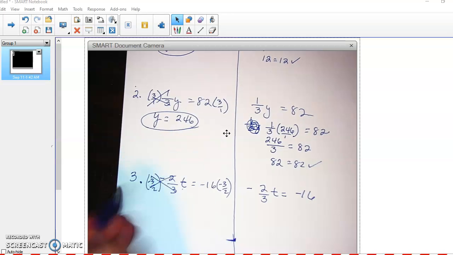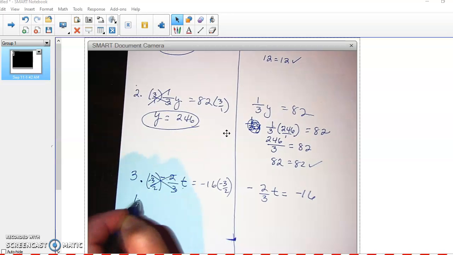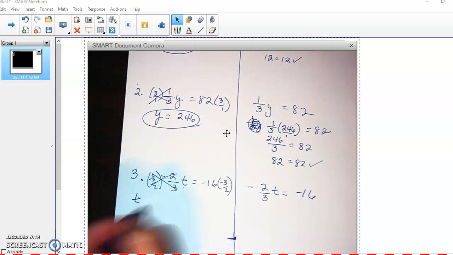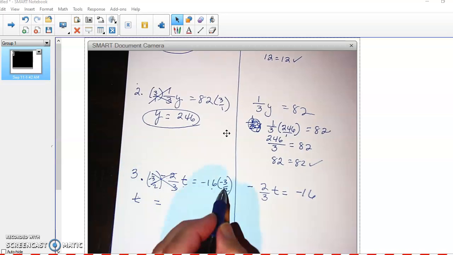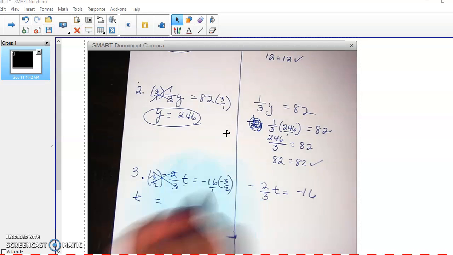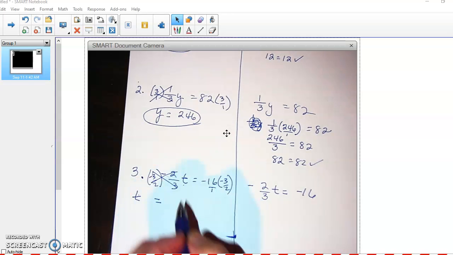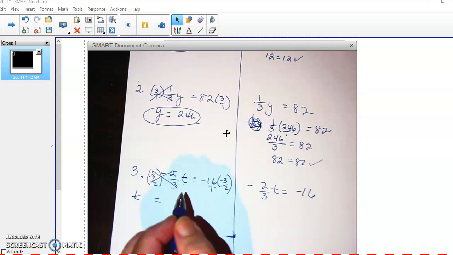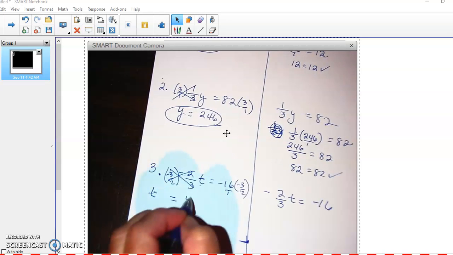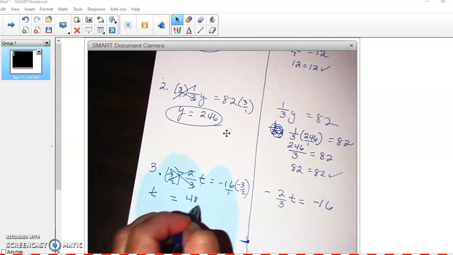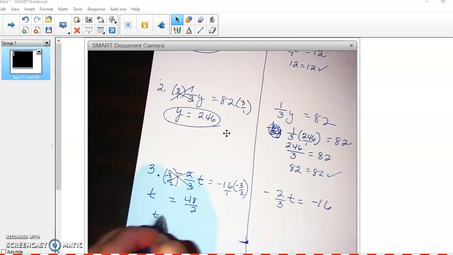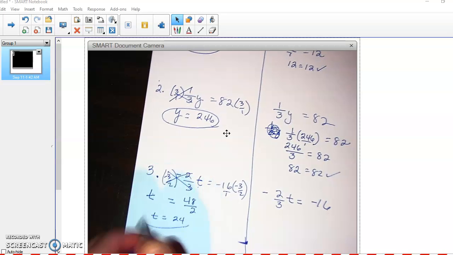These cancel. And we get 2 equals, if I multiply these together, they're positive. Take the 16, that would be 48 over 2, and then t equals 24.